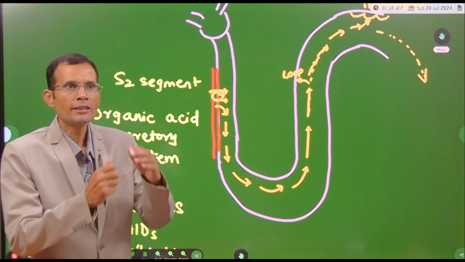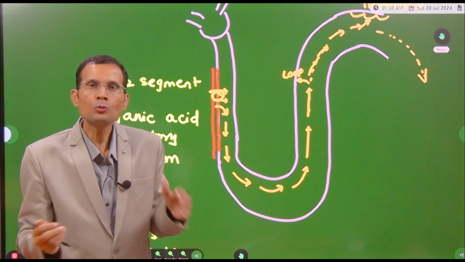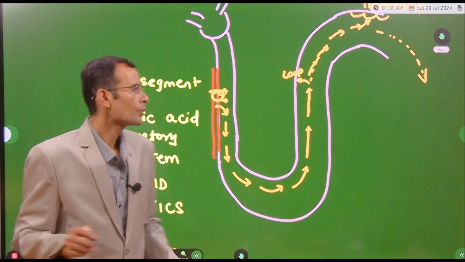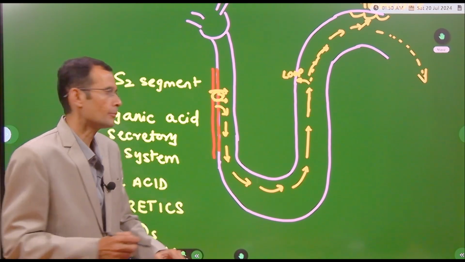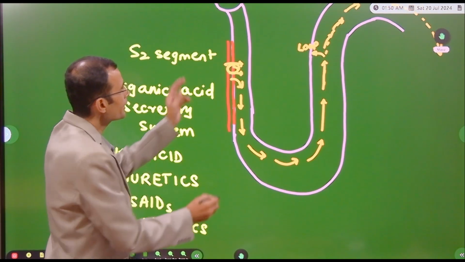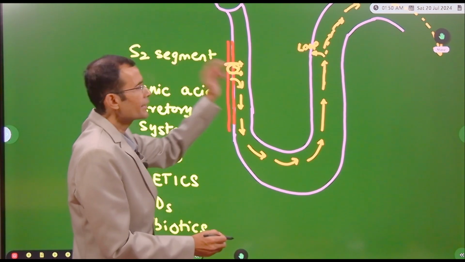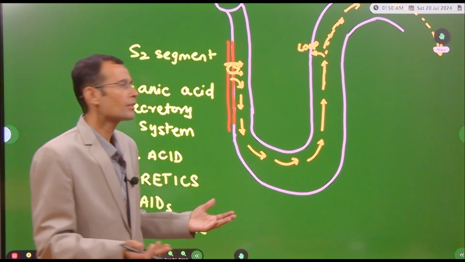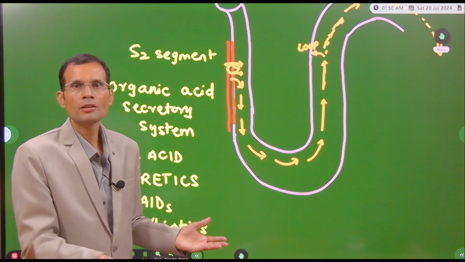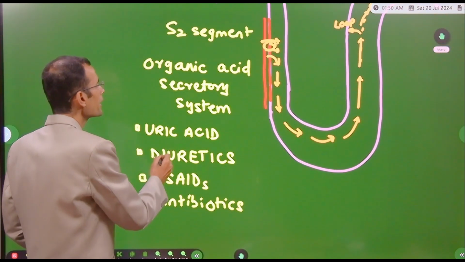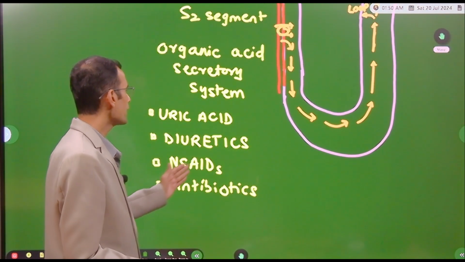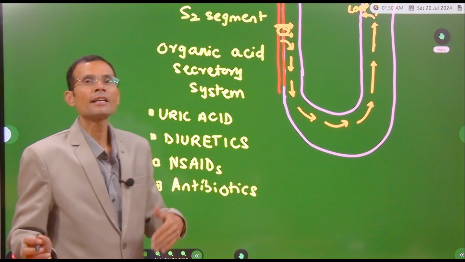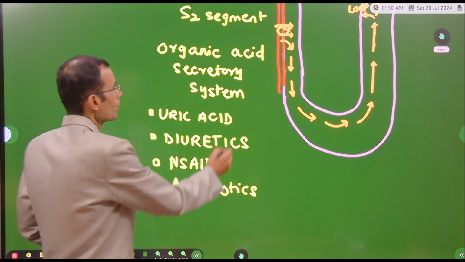In the PCT, its middle portion, the S2 segment, has these organic acid secretory systems. Now these secretory systems can secrete various organic acids or other solutes. For example, they secrete uric acid, diuretics, NSAIDs, and antibiotics like penicillin.